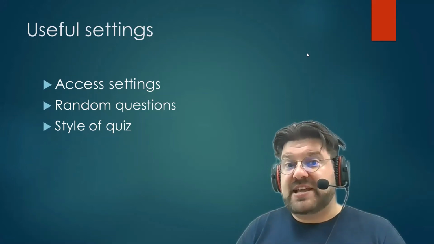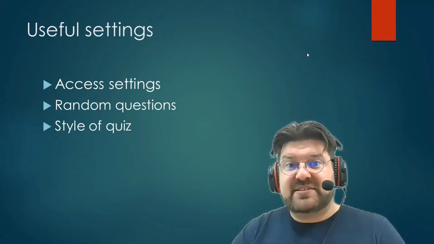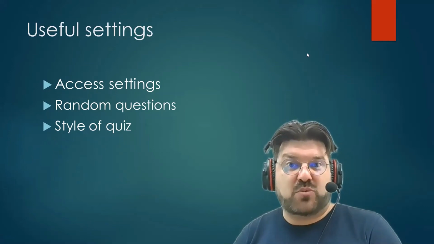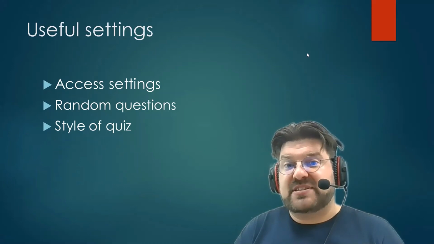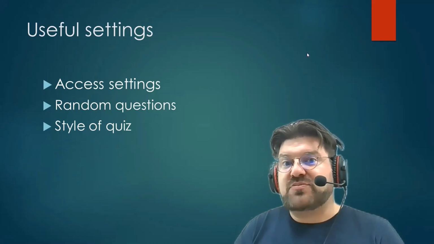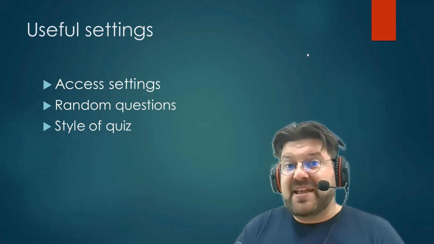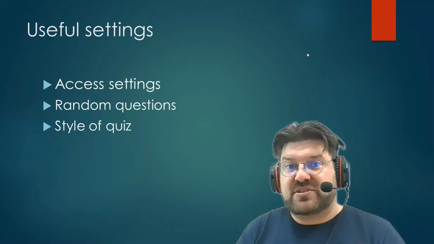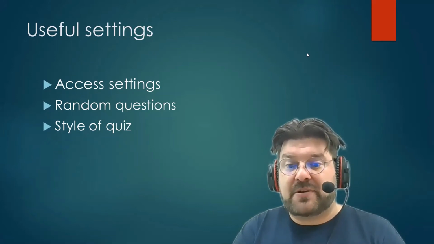So they can also take it as a quiz. They will go through the quiz until the end, and then they can see what the correct answers were. Lastly, there's something called a self-study, and that's what you saw together with me when I was demonstrating. After each question, you get feedback on whether it was correct or not. So let's take a look at those together.